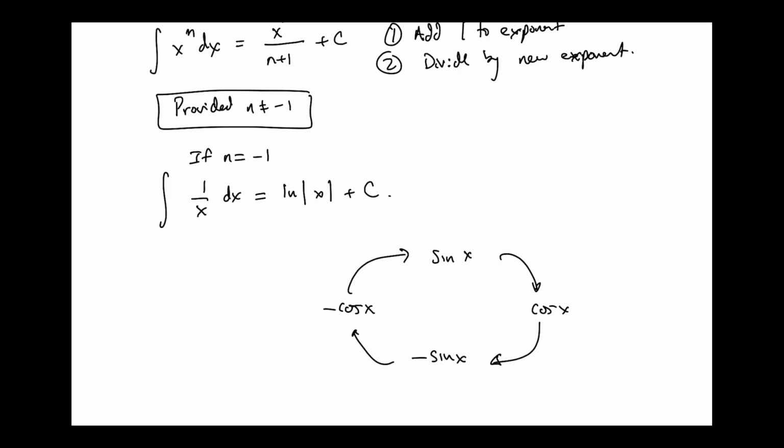The derivative of sine is cosine. The derivative of cosine is minus sine. The derivative of minus sine is minus cosine. The derivative of minus cosine is back to sine. So they go in a nice circle. Well, what about if I want to do integrals? If clockwise is for differentiation, then I go counterclockwise, or anti-clockwise if you're British.